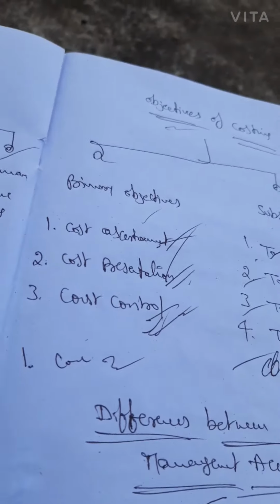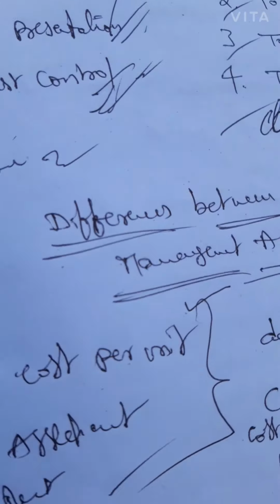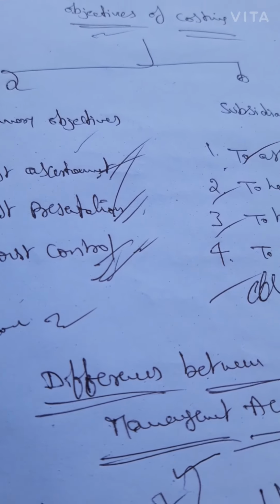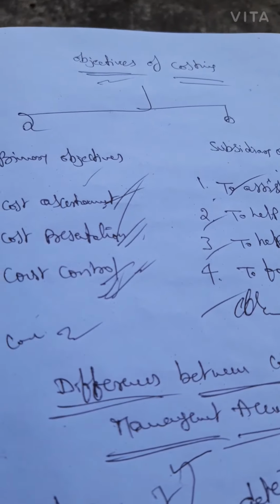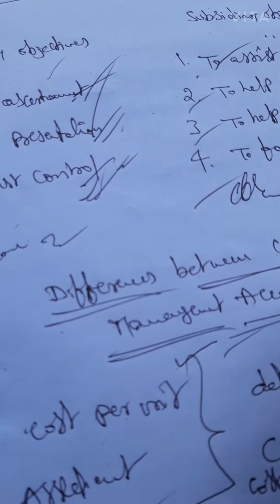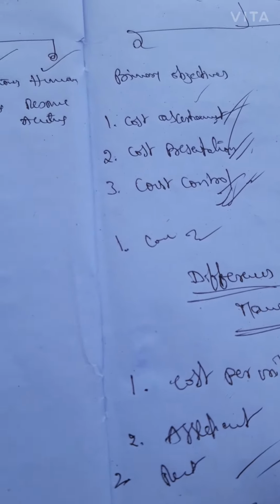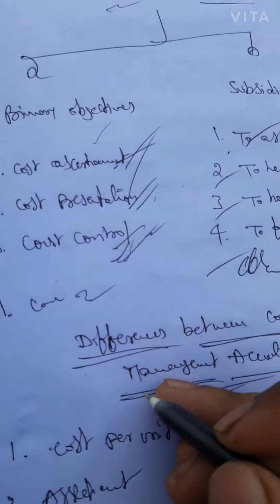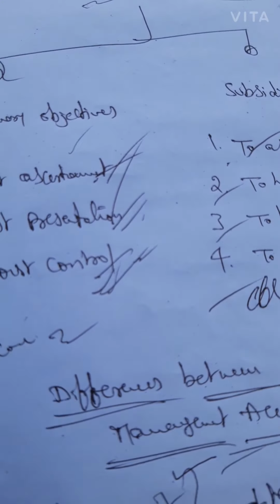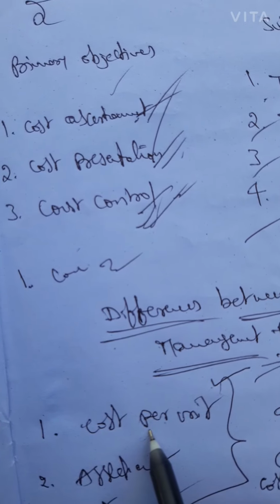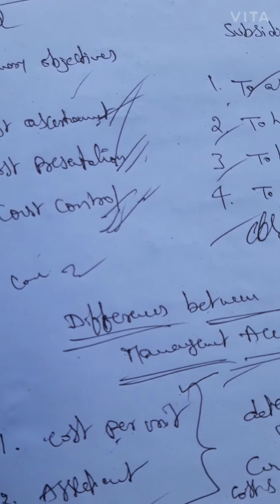And we also discussed the differences between cost accounting and management accounting. Cost accounting is mainly concerned with cost per unit, the ascertainment of cost per unit.